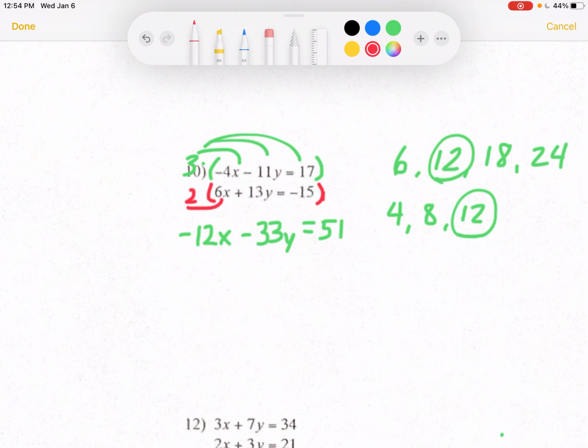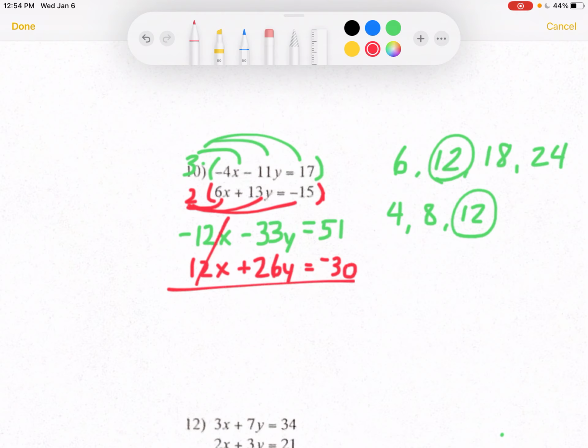Okay, so 2 times 6 is positive 12x. And this is what we need here, right? We need a positive and a negative 12. And so we did our job. So let's keep going. 2 times 13 is 26y. 2 times negative 15 is negative 30. And then you can add down, combine, and do your usual thing. Okay, I hope this helps.